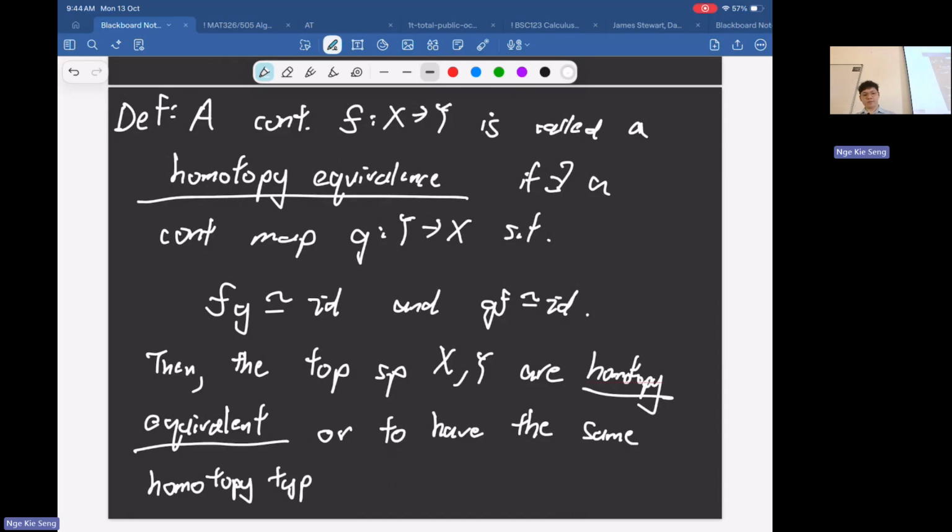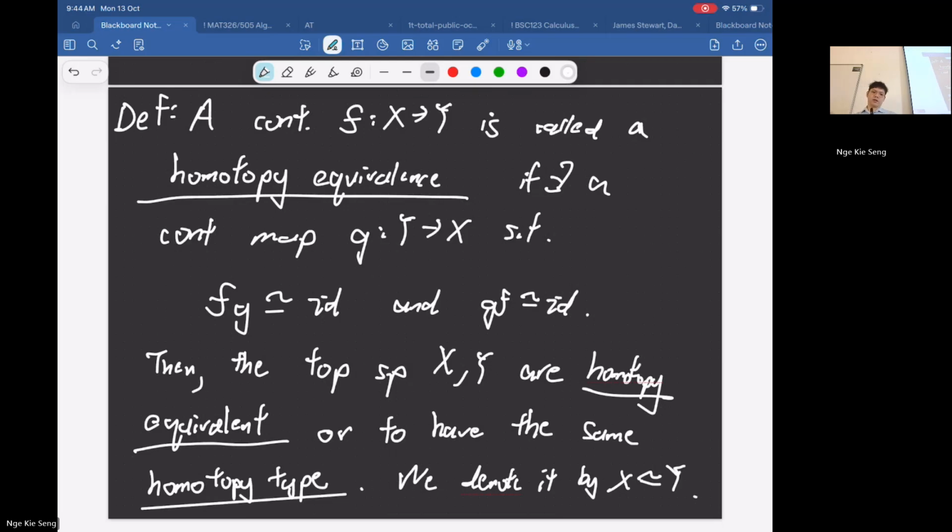So they are of the same homotopy type, and we will denote X as homotopy equivalent to Y. I think in GT we also use this for homeomorphism.